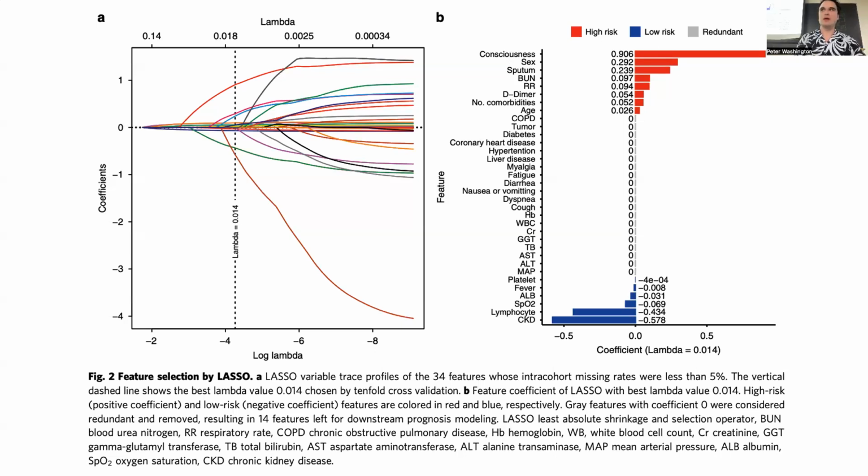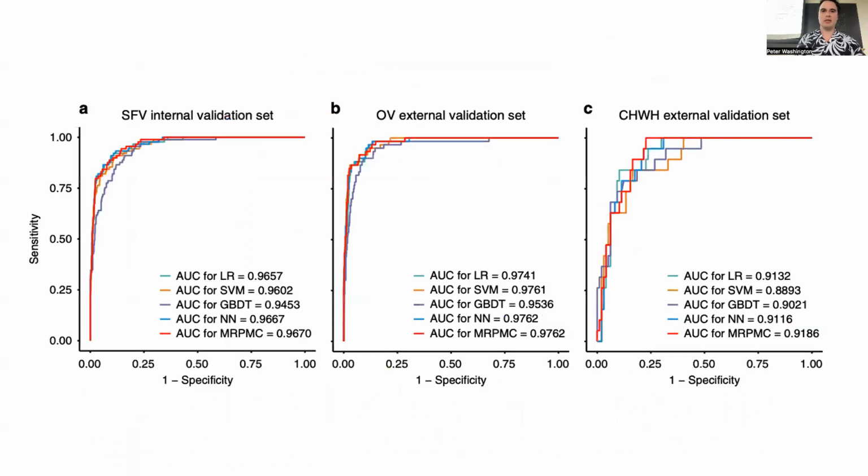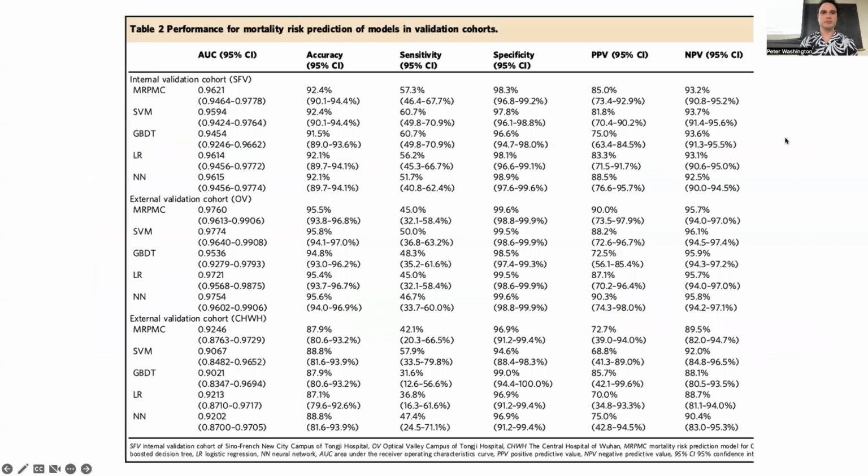But the high level idea of what they're doing is that they plot these curves, sensitivity versus 1 minus specificity, and they compare these curves for different models. This should look familiar as an AUROC curve for different models on different data sets.